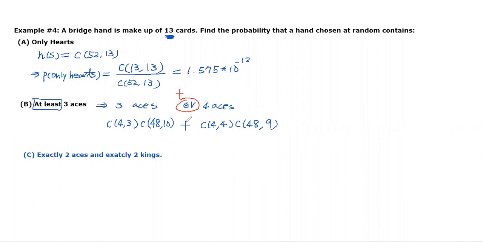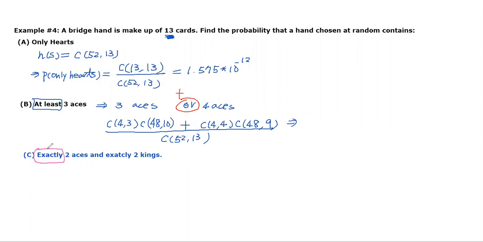So you add them, and the sample space is still C(52,13). Use your calculator to get the number here.